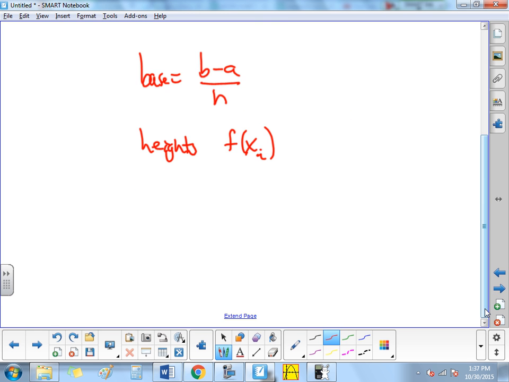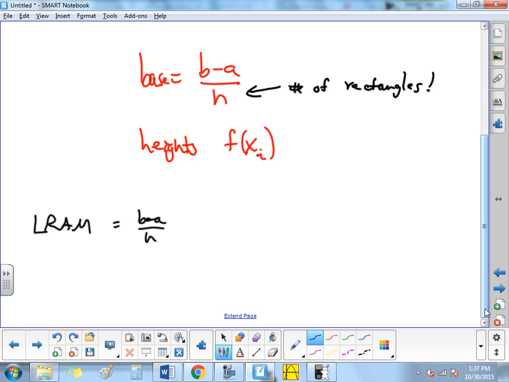Okay, so here is what LRAM, RRAM, and MRAM look like in a more general sense. Forget the function example. Here we go. LRAM would look like this. You would have a B minus A over N out front, where N is the number of rectangles. And you get to choose that. So B minus A over N is your base of the rectangles, and that factors out.